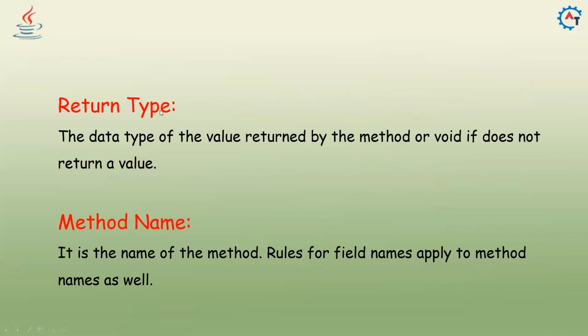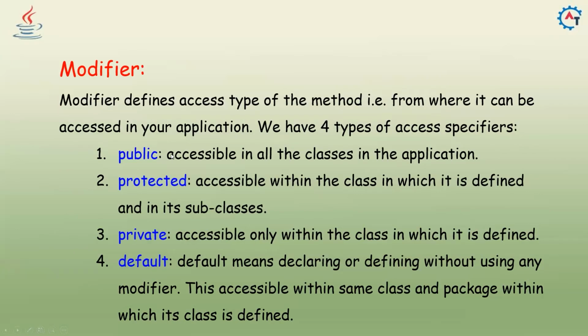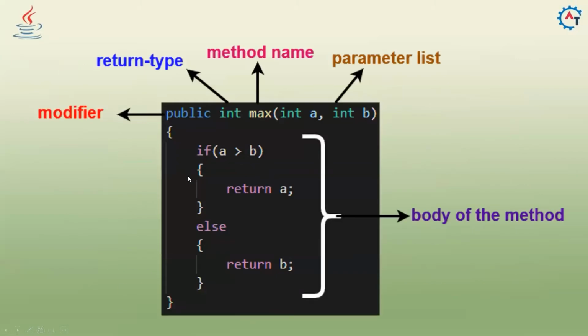So what do you mean by return type? It is the data type of the value returned by the method, or void if it does not return a value. Here, after executing this code, it will give you the output in the form of an integer. If a greater than b, return a, means it is giving me a back. What is this a? Integer.